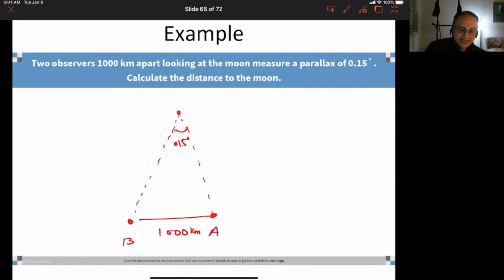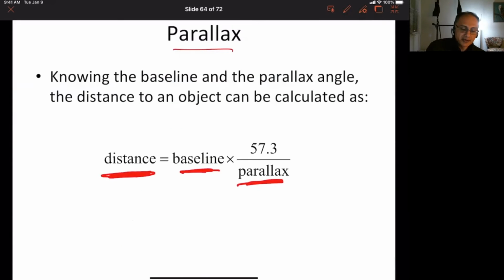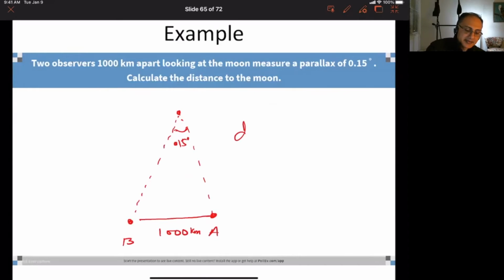So the baseline distance is given, it's 1,000 kilometers. The parallax angle is given. So all you have to do is plug into the formula for the distance. The distance is equal to the baseline multiplied by 57.3 divided by the parallax.